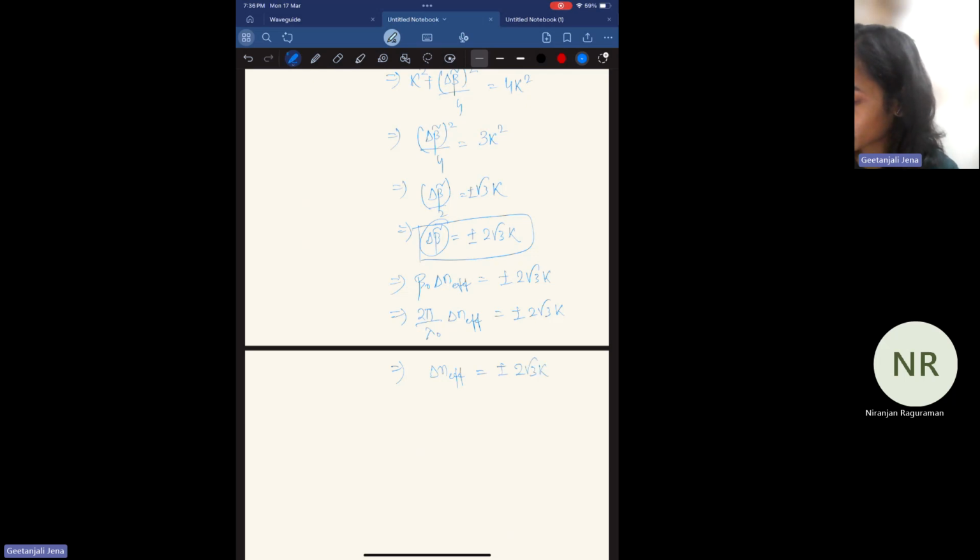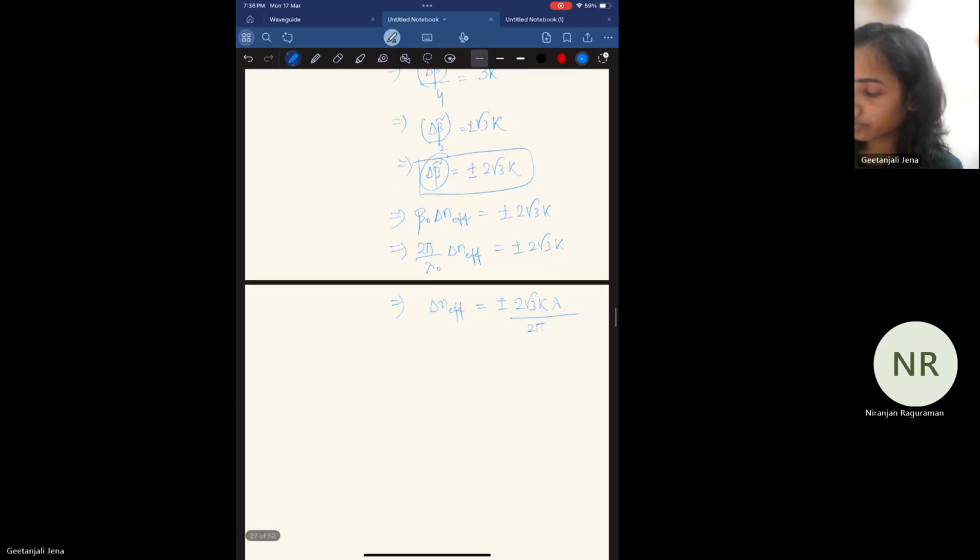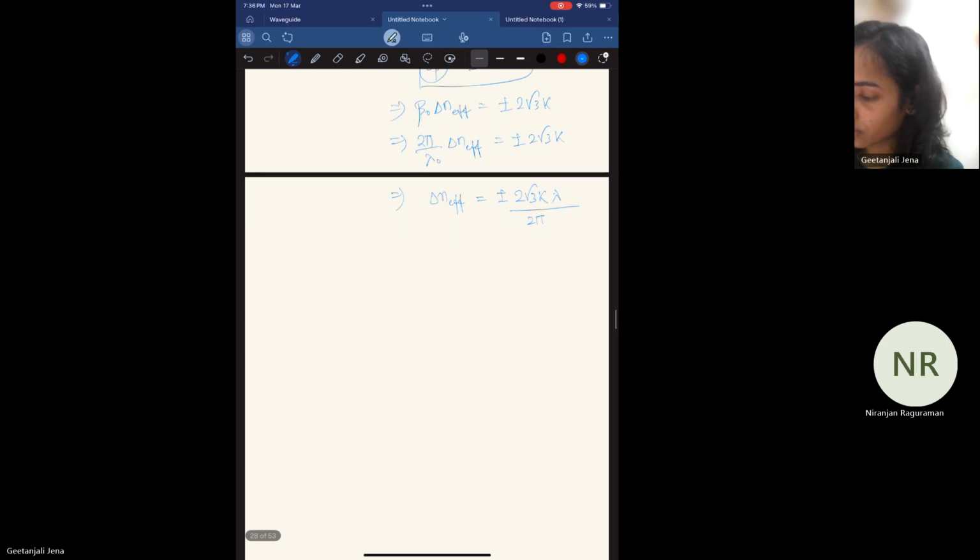If I take lambda 0 as lambda, so this is 2 pi. That means this is plus or minus root 3k lambda by pi. So using delta beta, we get another expression for delta n, which is also in terms of lambda.